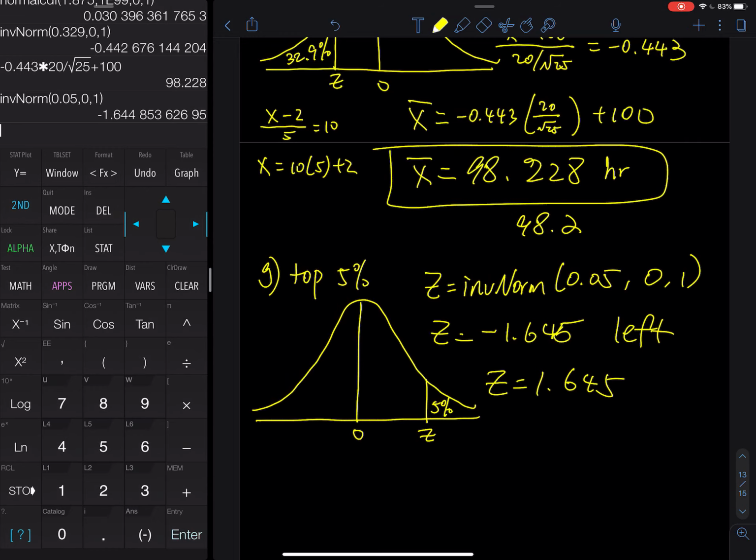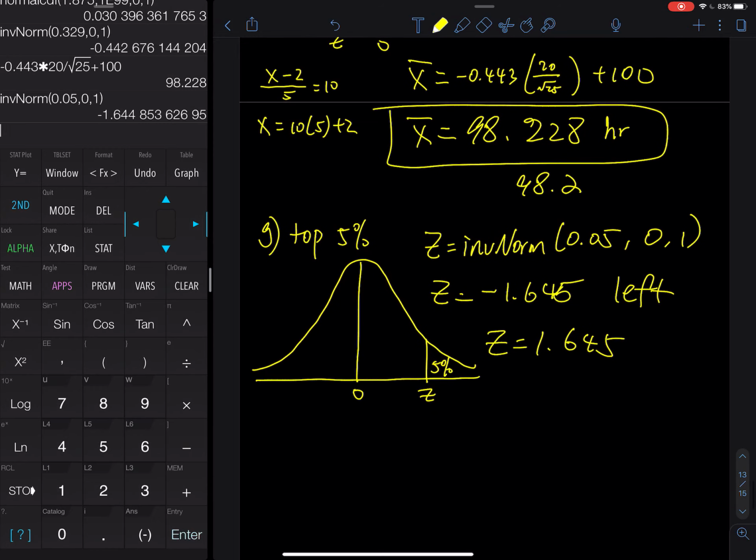and then you undo the standardization process, which is x bar minus mu divided by sigma over square root of n equals the standardized value. So you take 1.645, look at my calculator, you multiply 20 divided by square root of 25, no parenthesis is needed because we are following the order of operation.